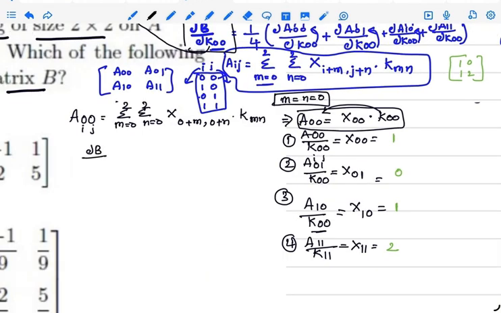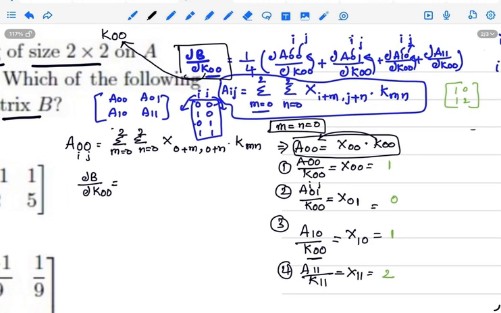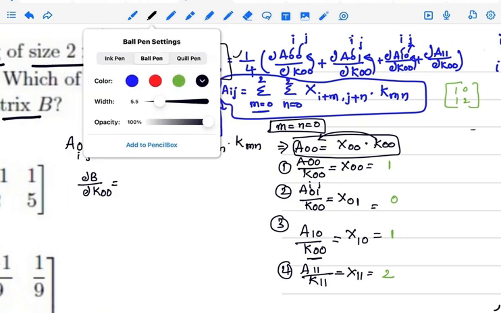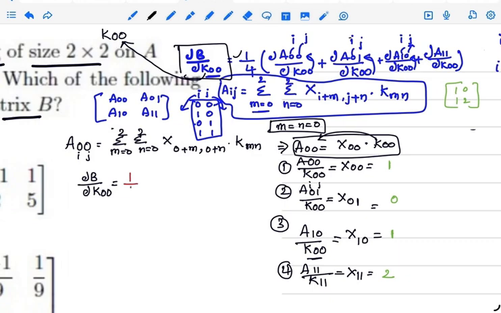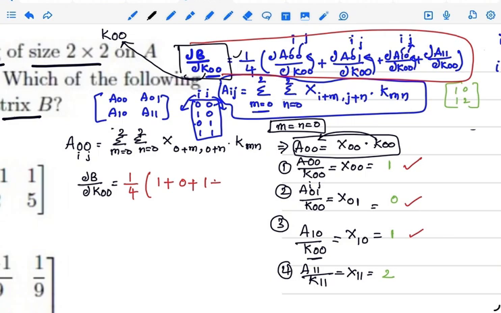Find dou b by dou k 0,0. Using this formula, it is 1 by 4 times dou A0,0 by dou k 0,0, which is this value 1, plus this value 0, plus this value 1, plus this value 2. So 4 times 1 by 4 equals 1.